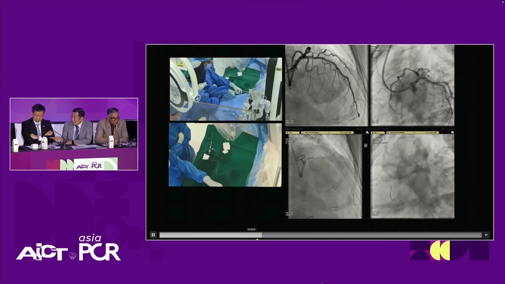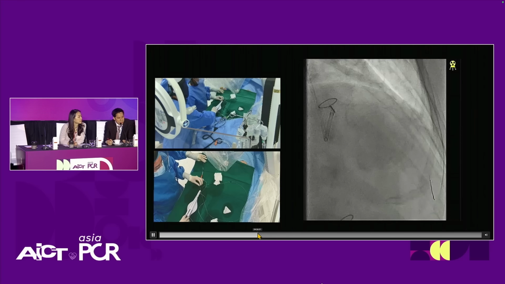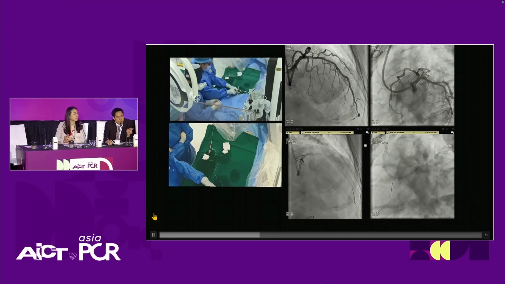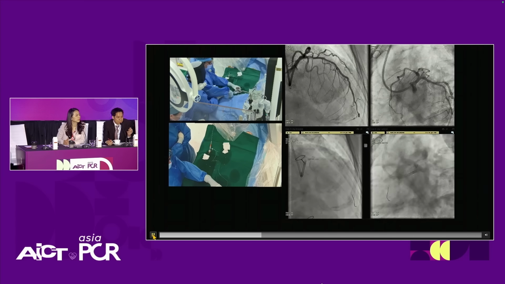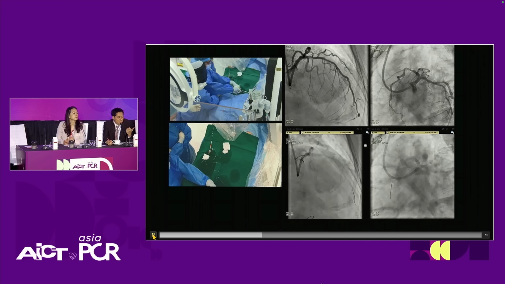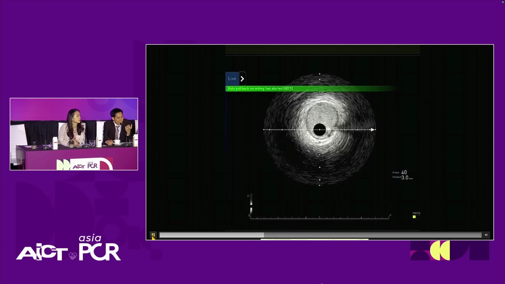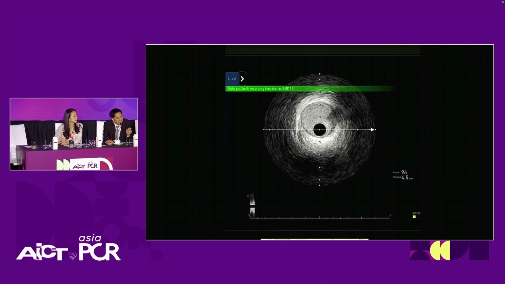Dr. Nartip, you wanted to say something? Yes. I think in this case, there are two strategies. You can use 1.75, but I would choose an extra support rota wire rather than floppy to get more bias, to cut more. But personally, I still like to use 2.0 because to get a burr to artery ratio like 1.5 to 1.6, you get better luminal gain, and it is just a focal area.